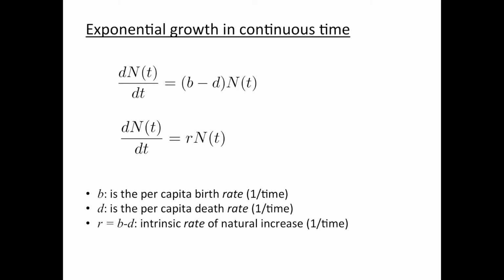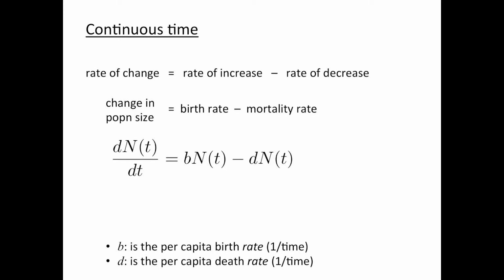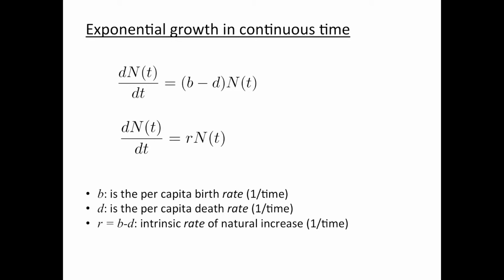So we can just take that equation and factor the B and D into brackets, and then we get the form of exponential growth that you're used to seeing, where r is now defined as the intrinsic rate of natural increase, and it's the difference between births and deaths.